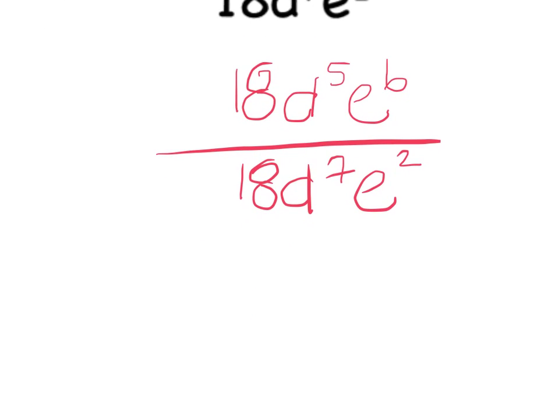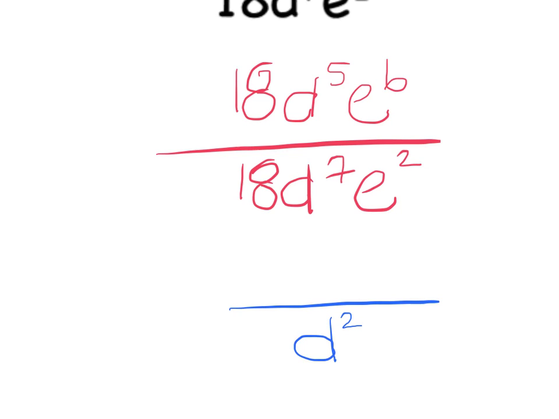All right. I've got a couple different coefficients, d's and e's, so I know I need to simplify. 18 divided by 18 is 1, so I don't have to write anything for that. d to the 5th divided by d to the 7th is going to give me d squared. I'm going to put d squared in the denominator, again, because there's more d's in the denominator to begin with.